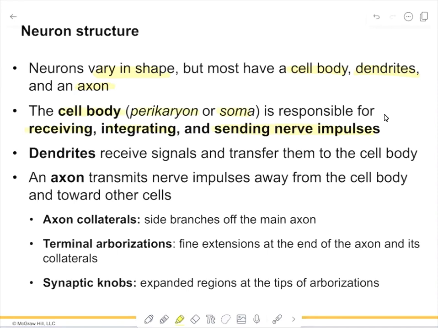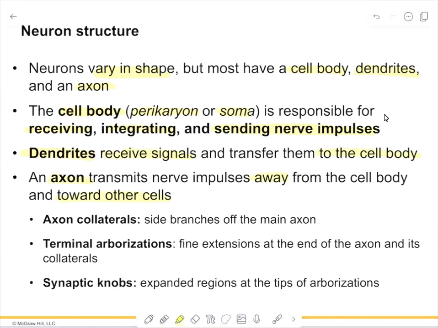The next part of the neuron is called the dendrite, and it receives signals and transfers those signals to the cell body. The third part is the axon, which transmits nerve impulses away from the cell body and towards other cells. And there are specific parts of the axon to be aware of.